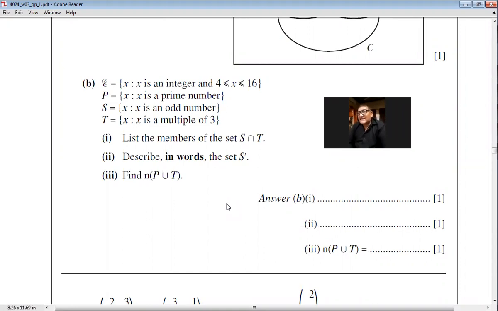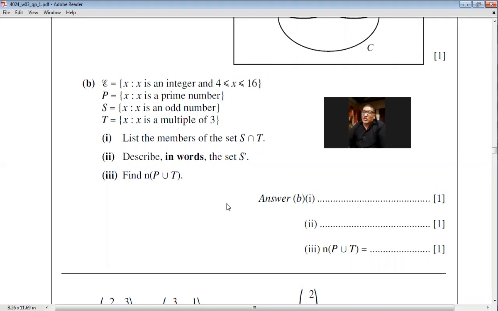S is x such that x is an odd number, and T is x such that x is a multiple of 3. List the members of the set S intersection T, then describe in words the set S complement, and then find how many members are in P union T.